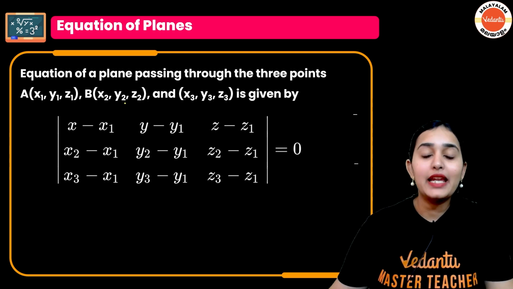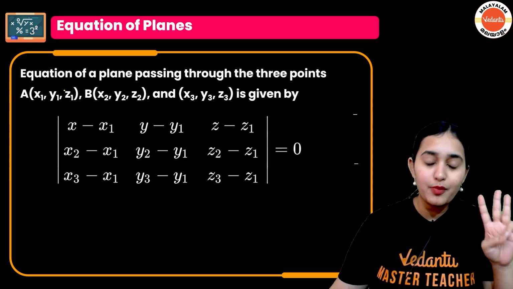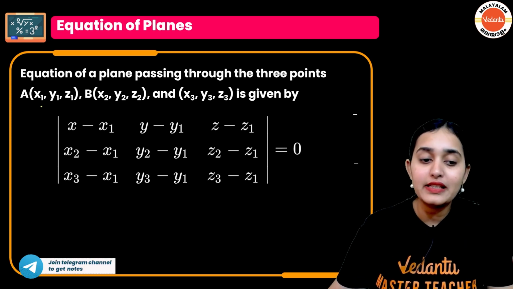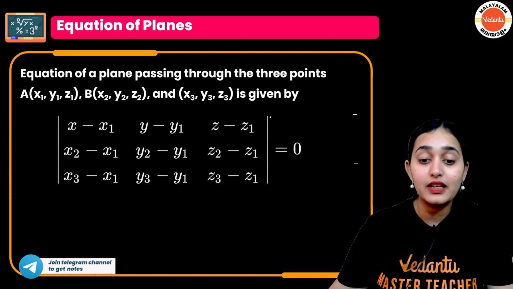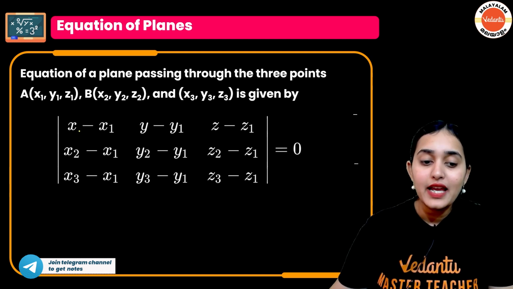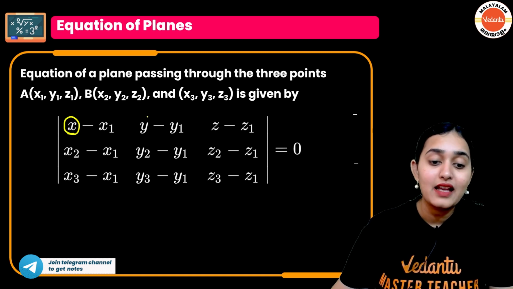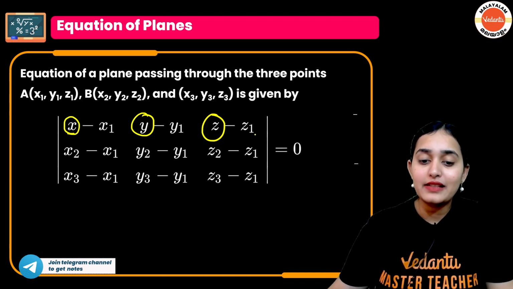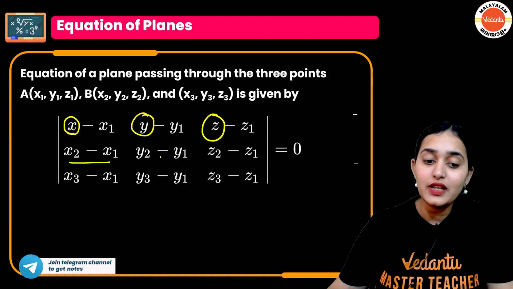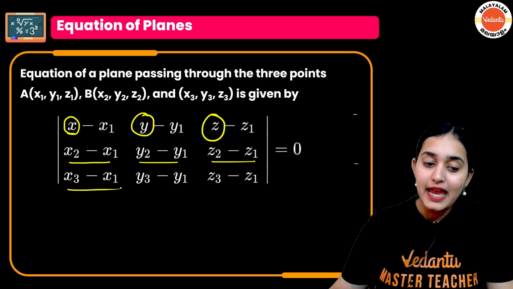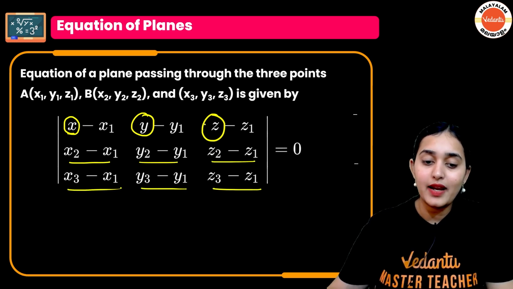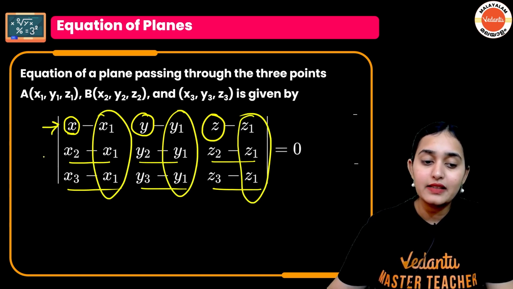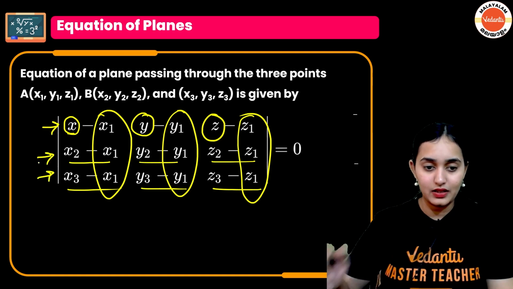Next, if your plane is passing through 3 points, the equation of the plane passing through the 3 points (x1, y1, z1), (x2, y2, z2), (x3, y3, z3) is given by the determinant of rows: x - x1, y - y1, z - z1; x2 - x1, y2 - y1, z2 - z1; x3 - x1, y3 - y1, z3 - z1. Remember, in the first row it is x, y, z, don't put any value there. The x1, y1, z1 stay the same, only x2, x3 change.